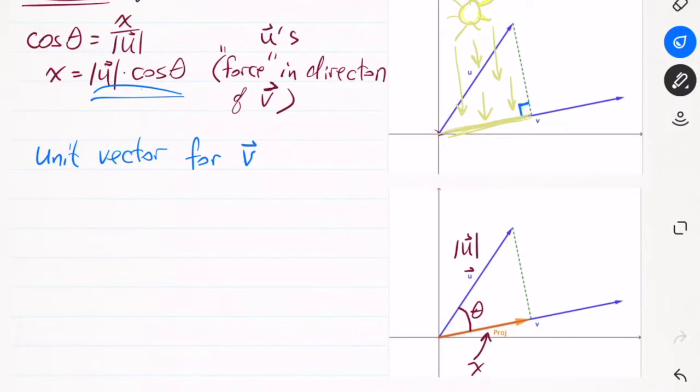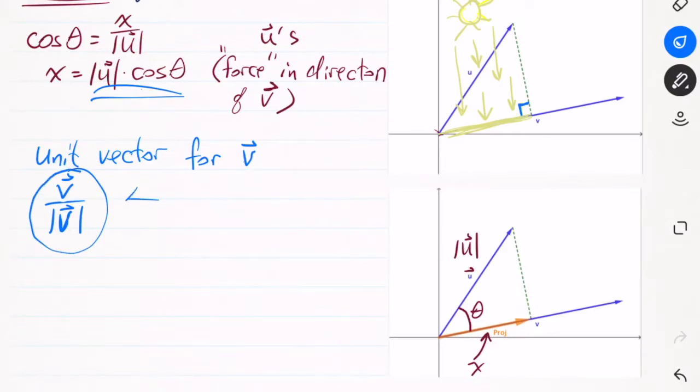All right, so to find the unit vector for v, we're going to take v and divide by its magnitude. Trying to draw my v's this way. All right, so there's my unit vector for v.